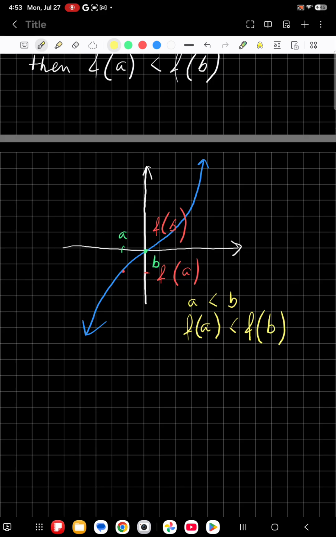And that's why at the origin, even though the slope is 0, the function is still increasing, because we always think about some interval. Okay, so in general, let me write it down in general.